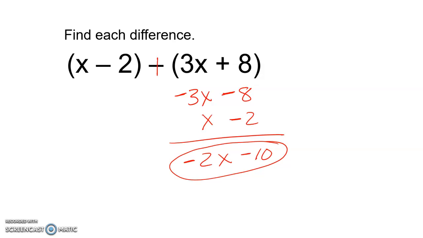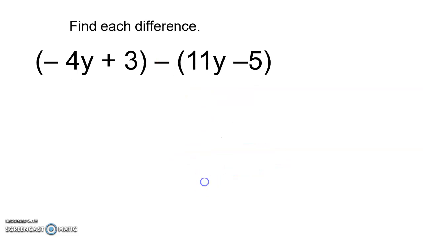Turn your page. Let's try 2 more. So on this one, change that to addition, change the 11y to a negative 11y, and the minus 5 becomes a plus 5. So again, you've got to change both of those.